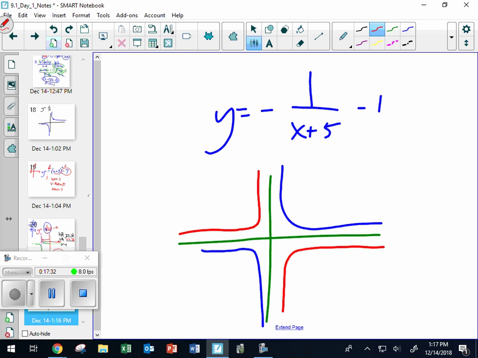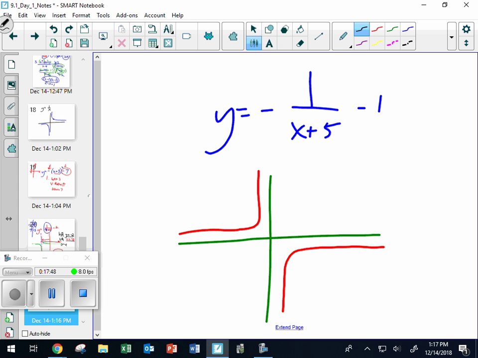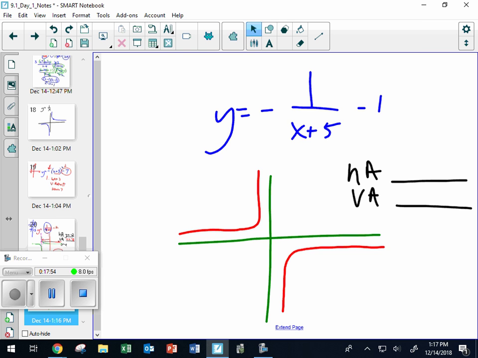Then, I'm going to get rid of my original. That red one is now the flipped function, which then we can move it 2 different directions. All right, I'm going to pause for a moment. I'm going to ask you to give me the 2 answers I need, which is what are the horizontal asymptotes and the vertical asymptotes. And I said it plural because sometimes there's more than one. In this case, there's only one.